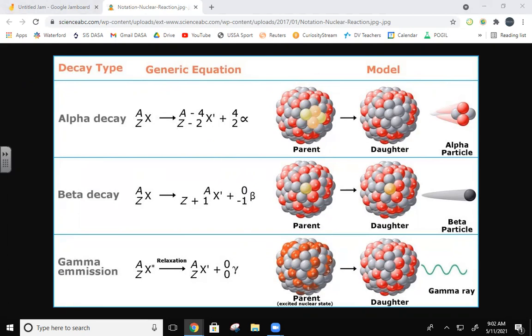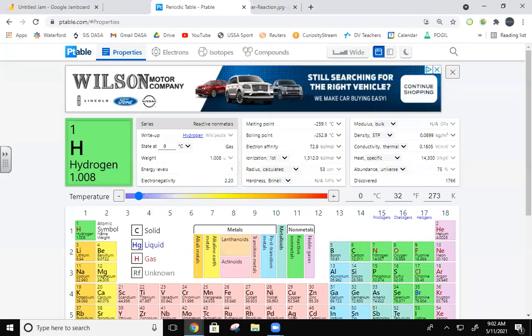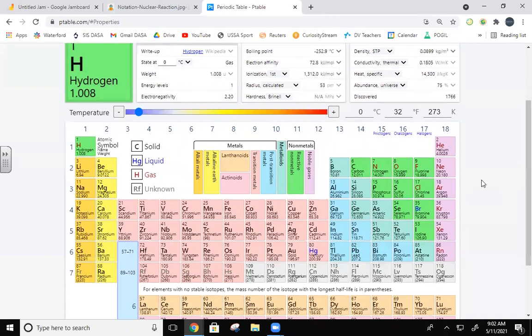Okay, so let's do a beta decay example. We have palladium, and palladium undergoes beta decay. What will happen?